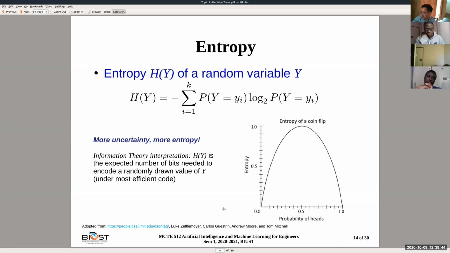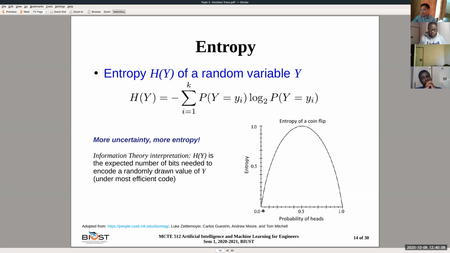When flipping one coin, for instance, the lower the entropy, if the entropy is zero, that means there's no instability, there's no uncertainty. It is very certain.